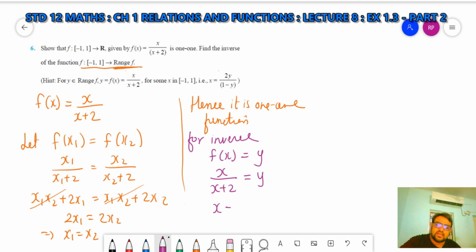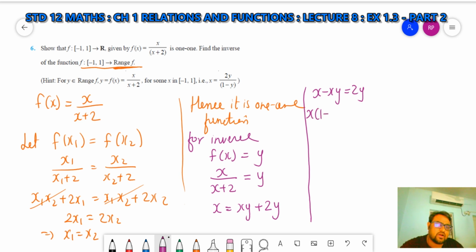So x = xy + 2y. Carrying it forward, x - xy = 2y. Taking x common, x(1 - y) = 2y. So x = 2y/(1 - y), right?